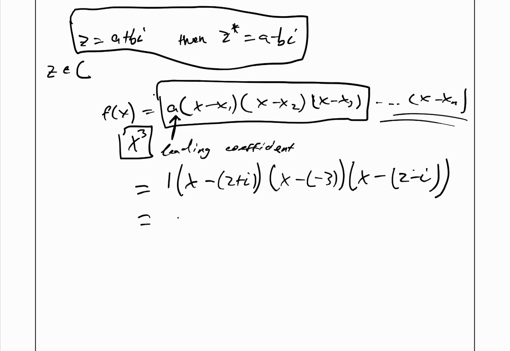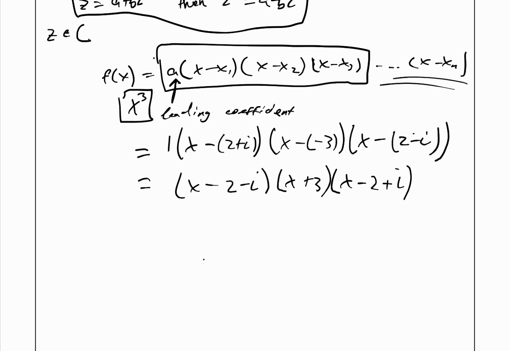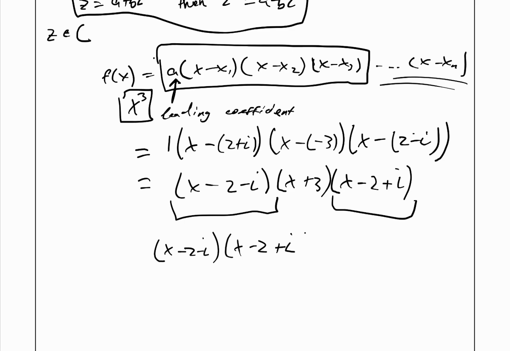It should look something like this: x minus (2 plus i), x plus 3, x minus (2 minus i). And then we see this, right? So just write them together next to each other: x minus 2 minus i, and x minus 2 plus i, then x plus 3.